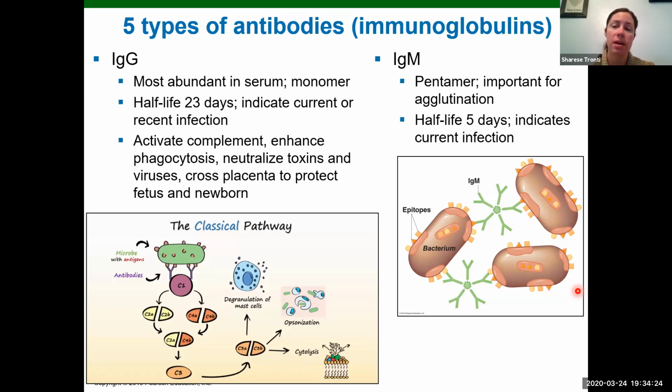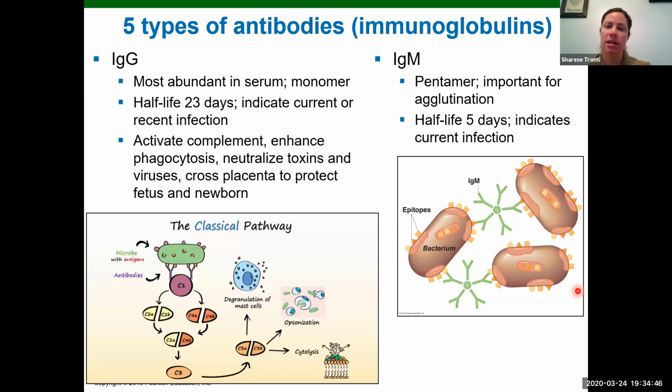And IgG is a little bit special because it can actually cross the placenta, and it will protect the fetus. And since it has crossed the placenta, we see it in the newborn baby, and it will help to protect the newborn baby for a short period of time.